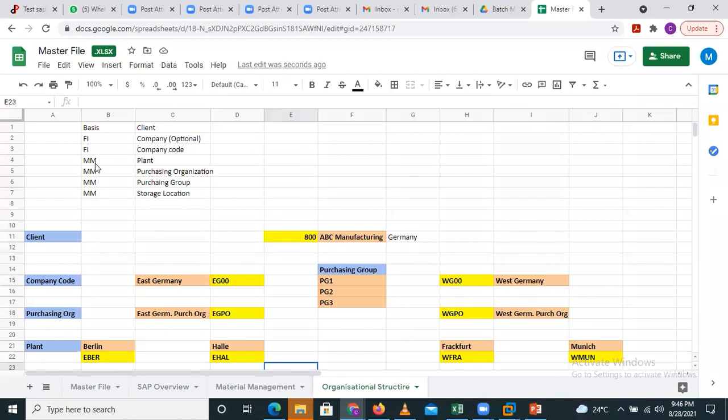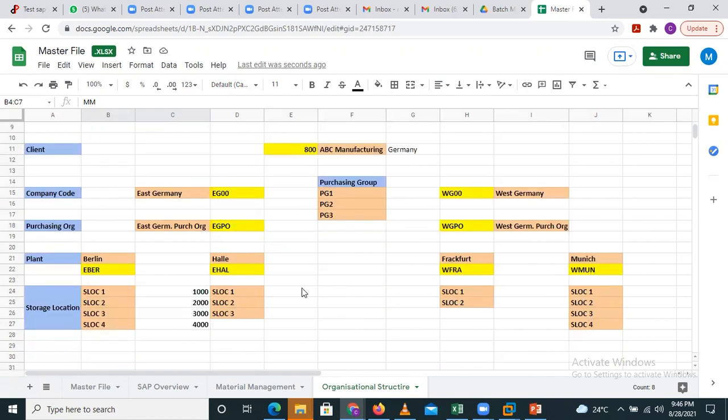Later, once this organization is set up and we start with the sales activity, we are going to define our sales organization, sales group and all. Any other module-specific organization needs will also be defined. Yeah, clear. Thanks.